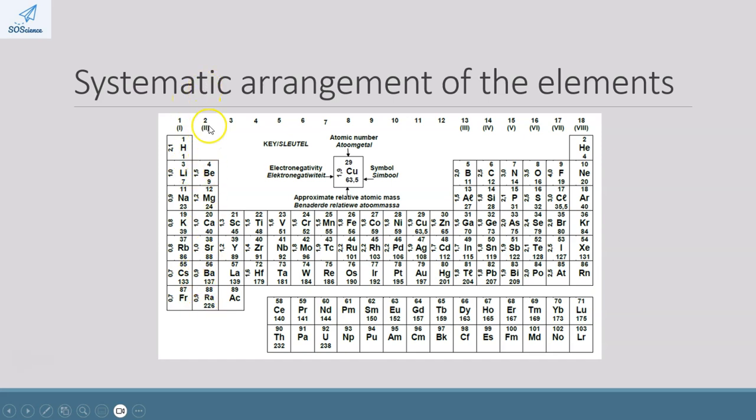All of these group 2 elements will have the same number of valence electrons. You'll see soon, we skip the D block. All of group 13 elements have the same number of valence electrons. So that means that the elements within a group will have similar properties when it comes to chemical bonding.